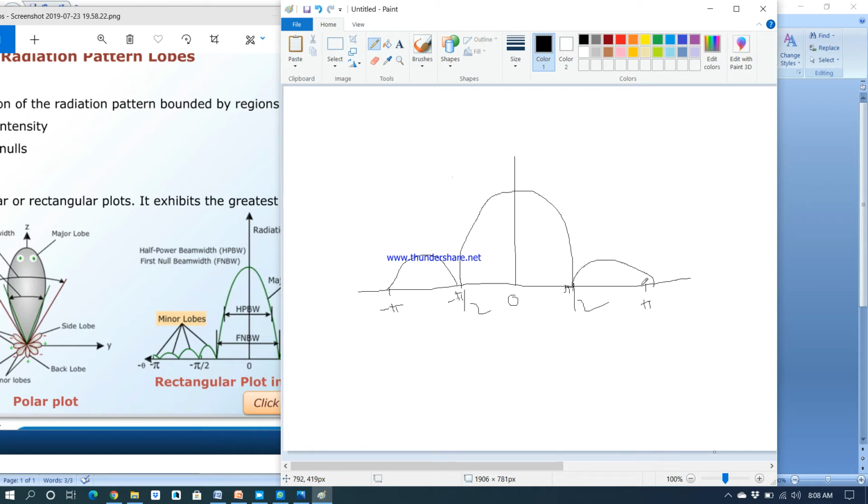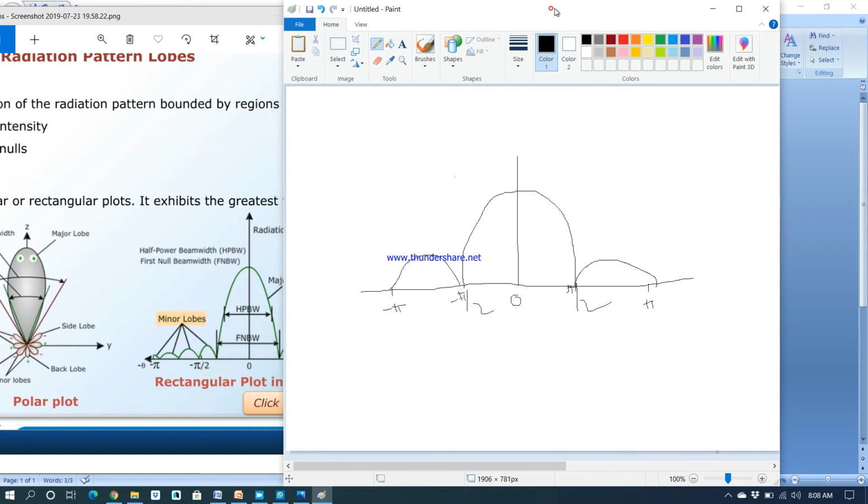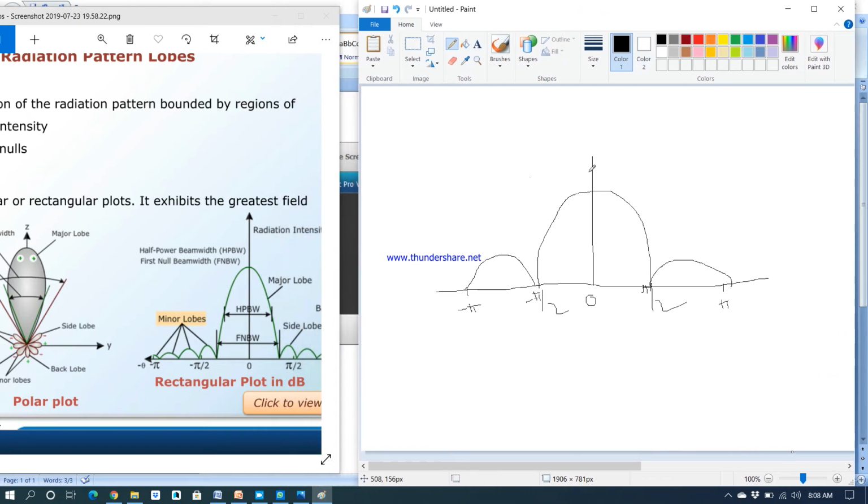Okay, so by drawing this from polar plot to rectangular plot, this is what we call a rectangular plot, we have defined some other parameters of the antenna. So like this, these are the minor lobes and this is the major lobe.